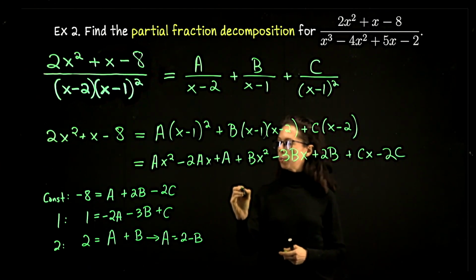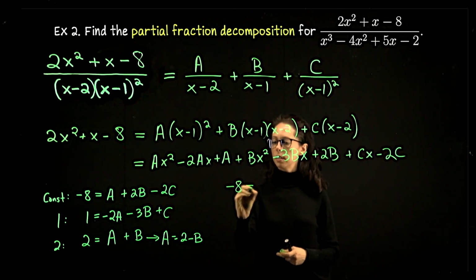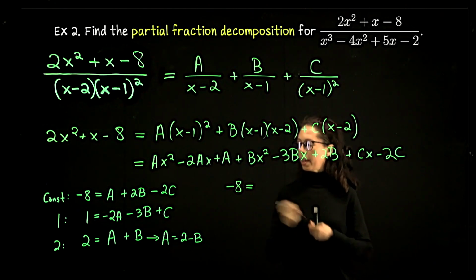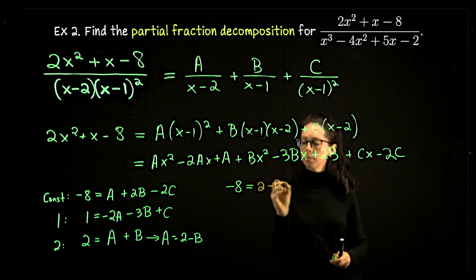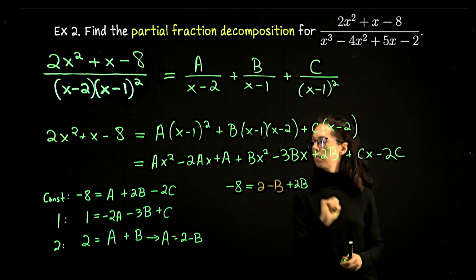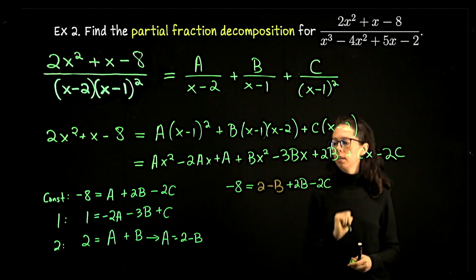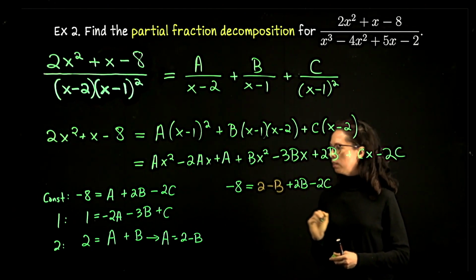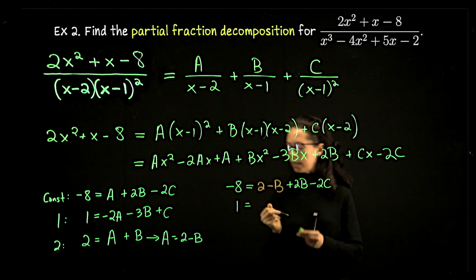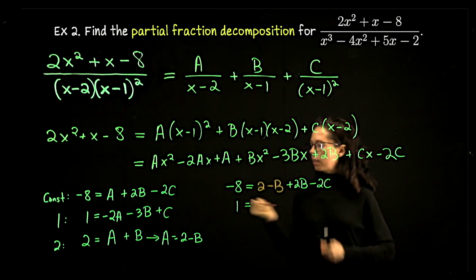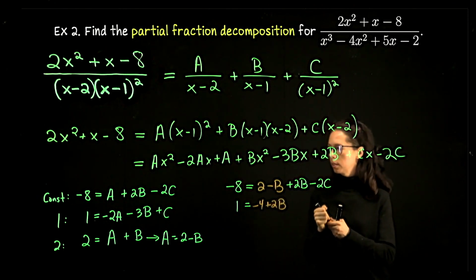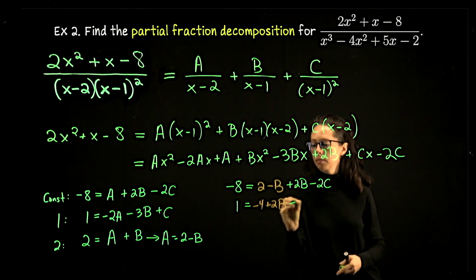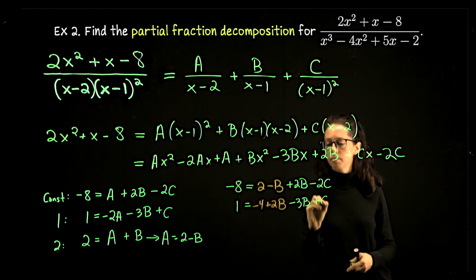So we will have negative 8 equals, instead of a, 2 minus b, and then plus 2b minus 2c. And then for the second equation, we have 1 equals negative 2a, so that's going to be minus 4 plus 2b, and then minus 3b plus c.